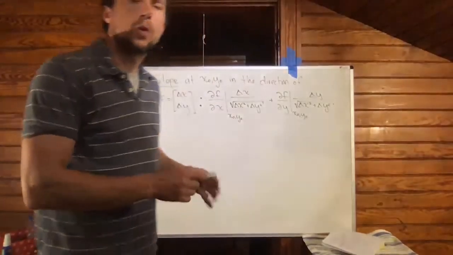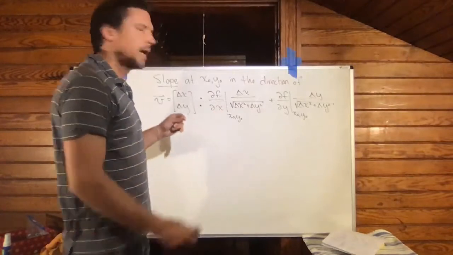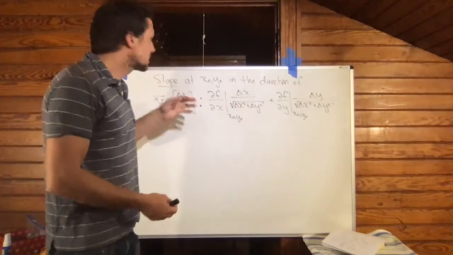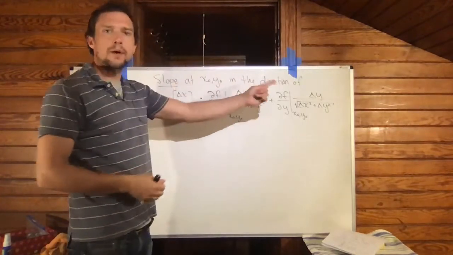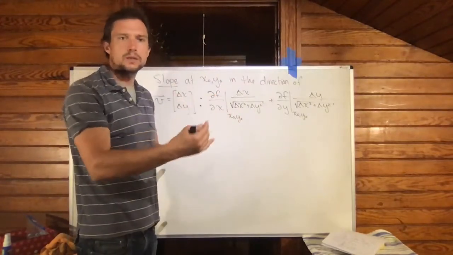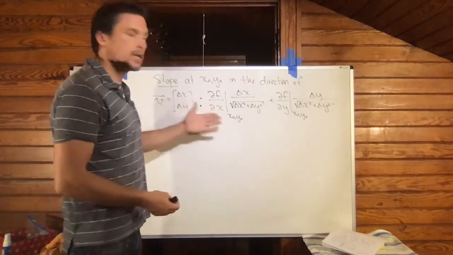Okay, so all I've done is rewritten this formula and rearranged it a little bit, and then here tried to summarize what we were talking about. So the slope at this point x0, y0, in the direction of this vector v, whose x component we can call delta x and y component we'll call delta y, is equal to this formula.